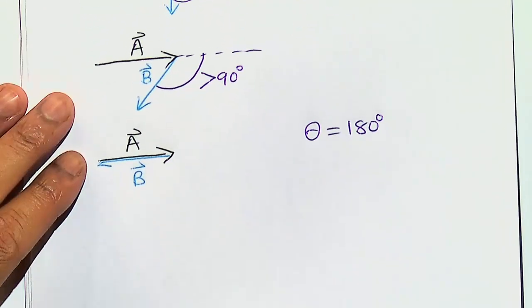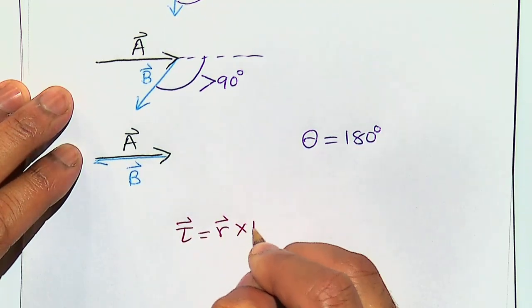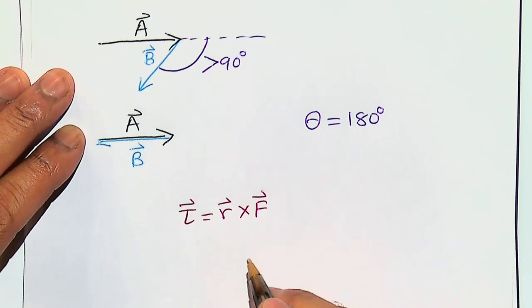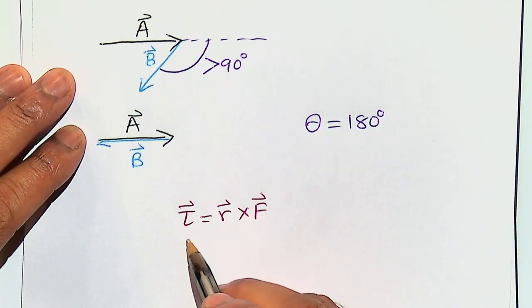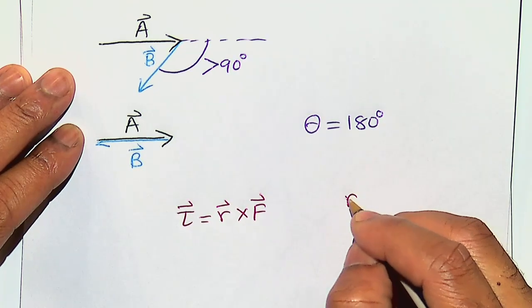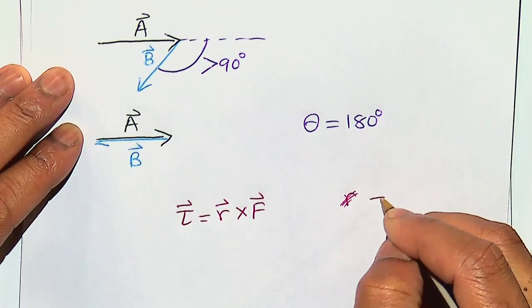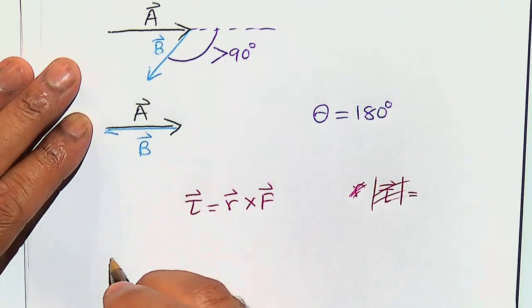we know the definition of torque is r crossed with F. That is the actual full result. The direction of the torque we get with the right-hand rule, but the magnitude of torque, well, actually let me write it over here to get some more space.